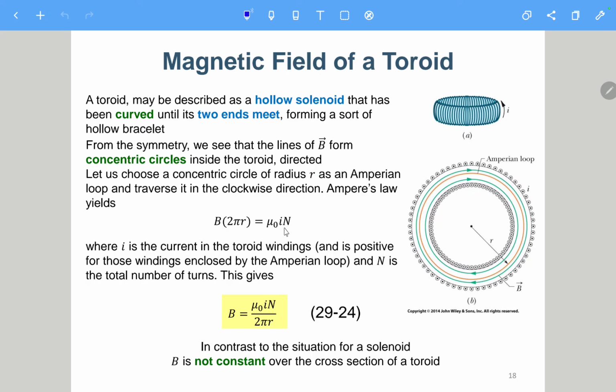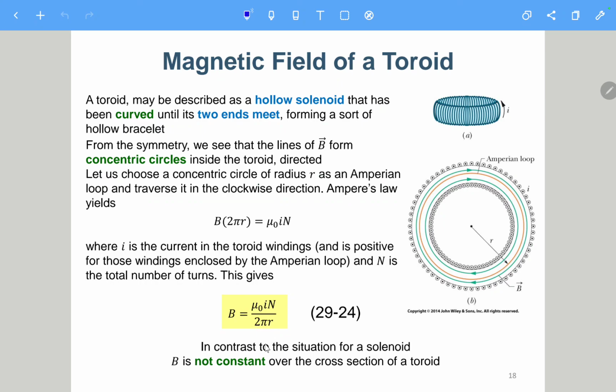We don't need to consider the number of turns per unit length, because this Ampere loop encloses all the turns. So we have a capital N here. Finally, we move these terms over, so we have B equals mu 0 I N over 2 pi R.